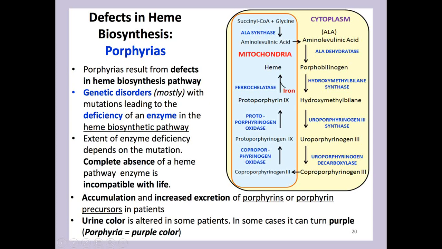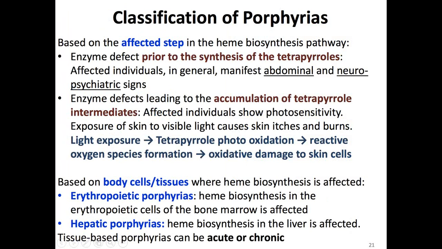Urine color is altered in some patients. In some cases, it can turn purple or reddish orange in color, and hence, due to this change in color, it is called porphyria or purple color disease.